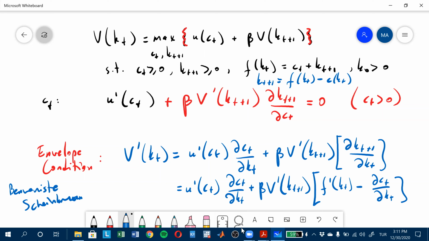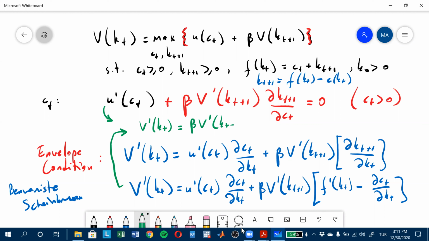Now, if you look at this equation carefully, let me use green here. If you look at this equation carefully, you realize that because of this one, we have V prime K_t equals beta V prime K_{t+1} times F prime K_t. Okay? You see why?